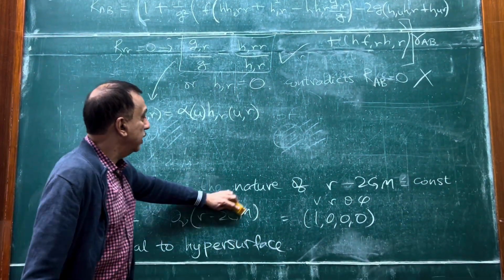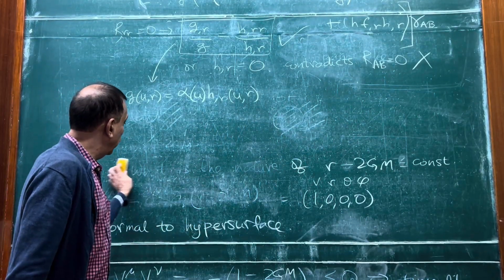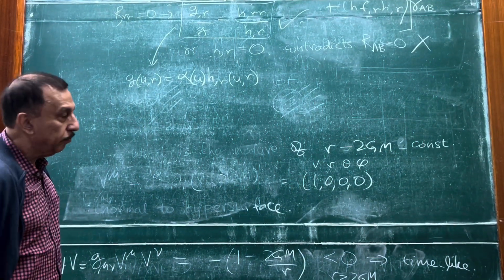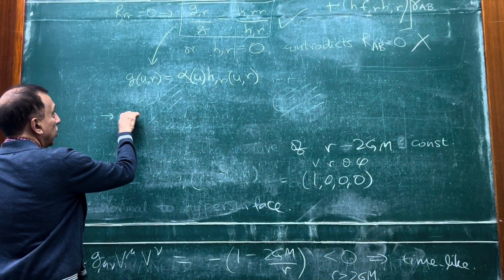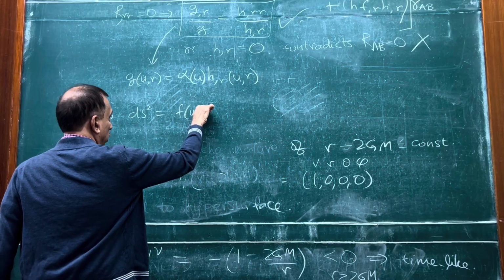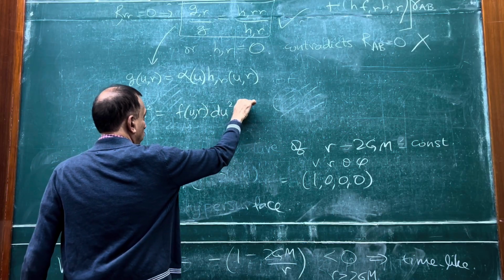Now G was the second term in the metric. So my metric at this stage is ds squared equals f, which I have not made any progress with, du squared.